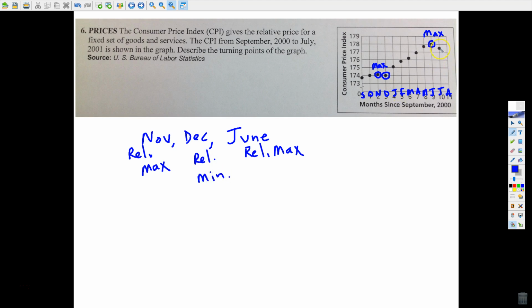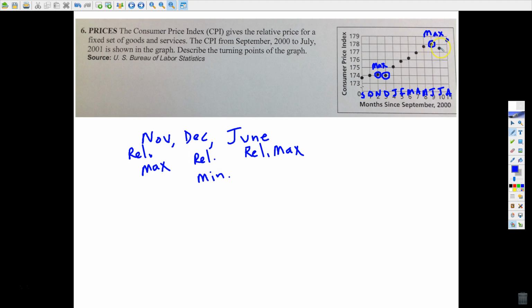Now, you might be wondering, well, what about this point? Maybe they don't give us a point for this last line here on the graph, but what if it, for example, were here? Well, then we would have another relative minimum here because we're going to change direction again.